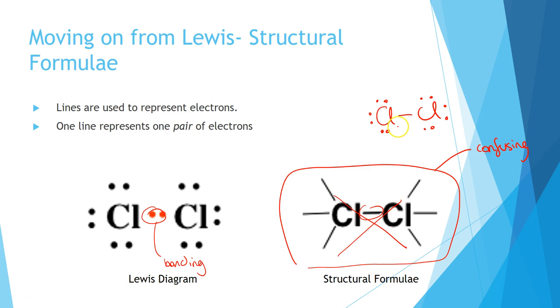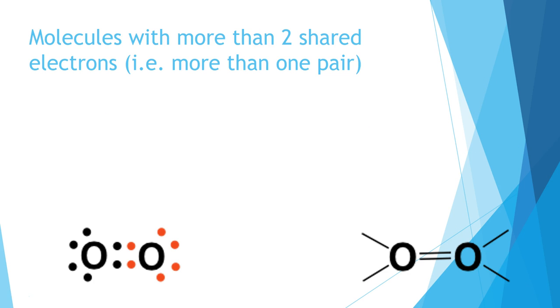We can still, as long as we are replacing bonding electrons with a line, then we're all okay. And then we can still show our lone pairs. When we're looking at structural formulae, they don't always show the lone pairs, but you should include them as a good idea.